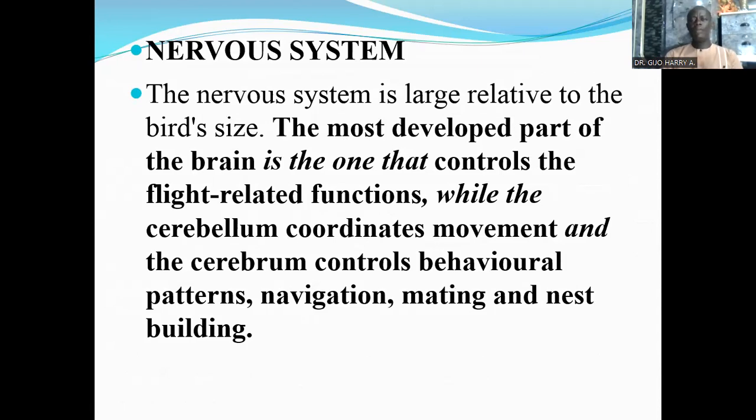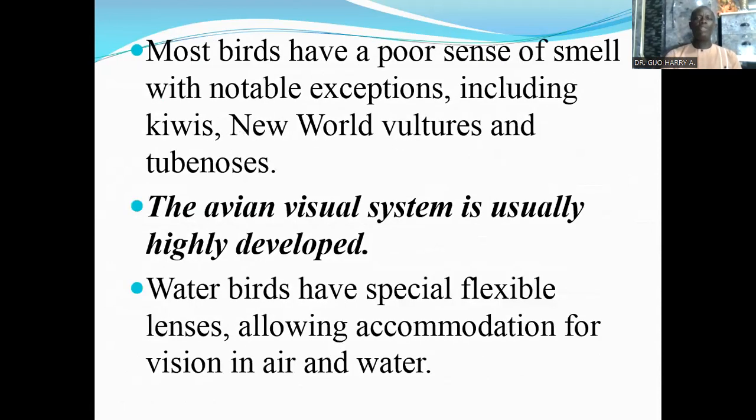The most developed part of the brain is the one that controls the flight-related functions, while the cerebellum coordinates movement, and the cerebrum controls behavior patterns, navigation, mating, and nest building. Most birds have a poor sense of smell, with notable exceptions including kiwis, New World vultures, and tubenoses.